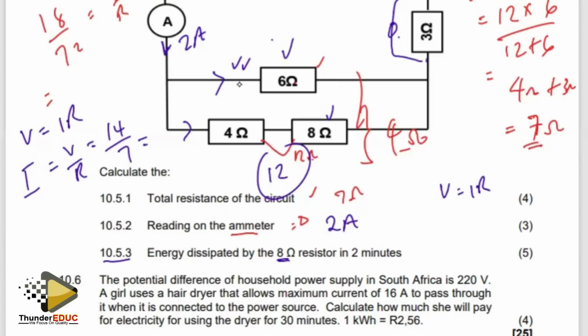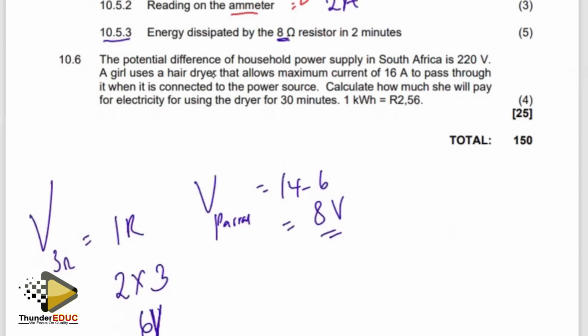We can get the current that is passing through the 8 ohm down here, or you can get the one that is passing through the 6 ohm, and then whichever way, then you subtract it from 2. So if I look at the current by the 6 ohm, that's going to be V over R, which is 8 over 6.